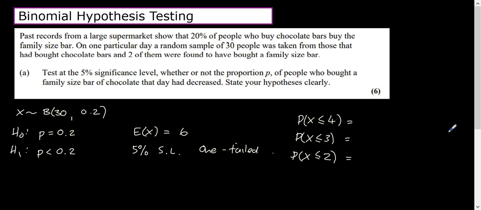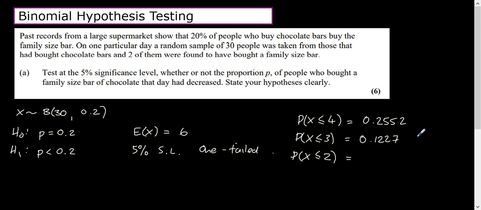So let's test that. Binomial distribution on the calculator again. This time x is 4, n is 30, p is 0.2. So we have 0.2552. So that is bigger than 5%, so we keep going. Let's go back and change that to 3. 0.1227.